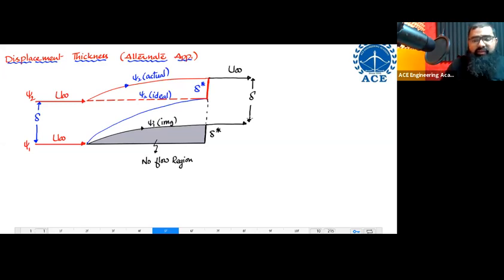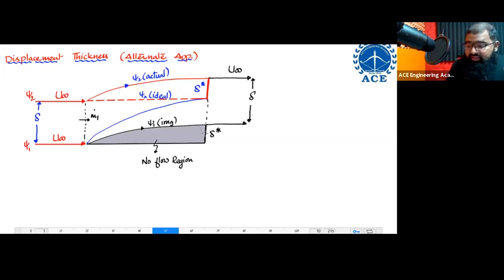So basically, I'm imagining that the present mass flux is m dot 1. If my mass flux m dot 1 wants to move as a uniform mass flux again, how much distance perpendicular to the plate should it sacrifice? Should it sacrifice means it should not have any flow taking place over there.